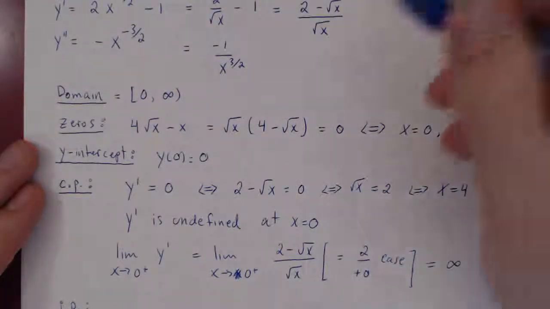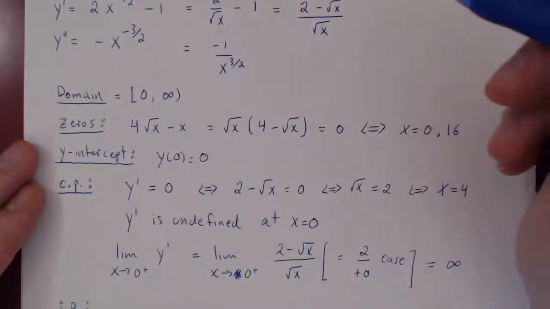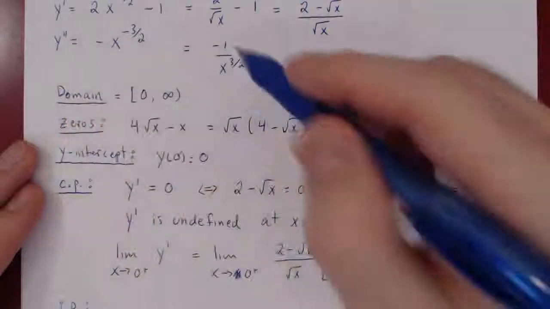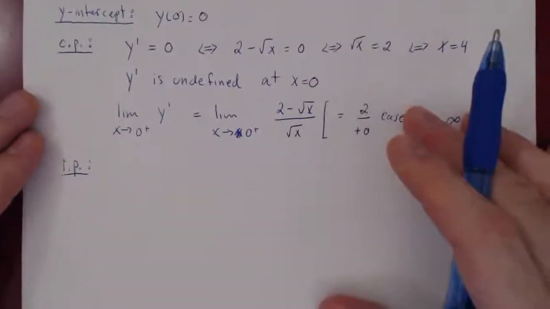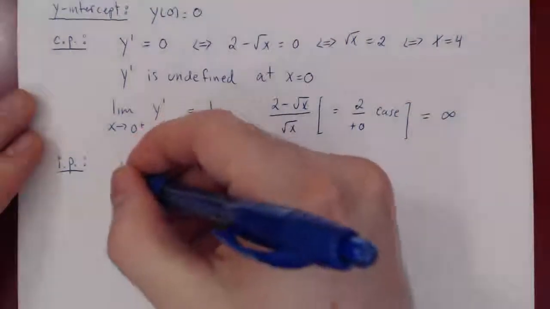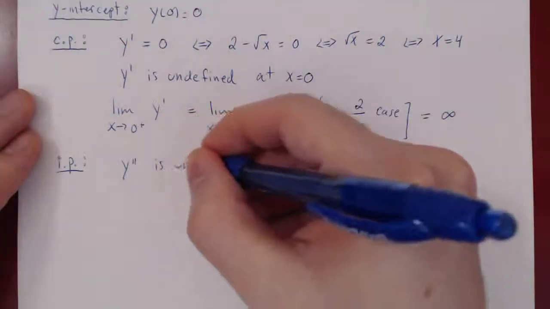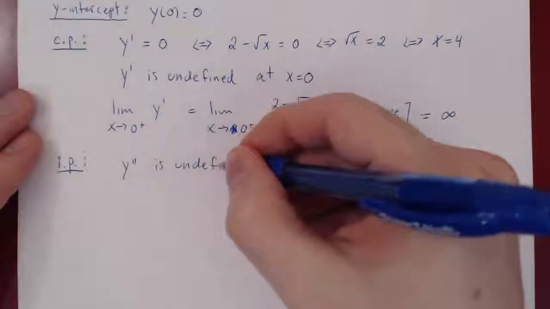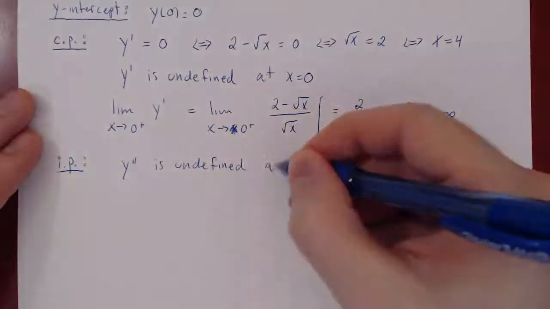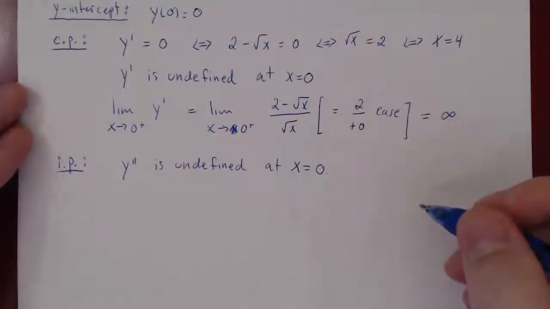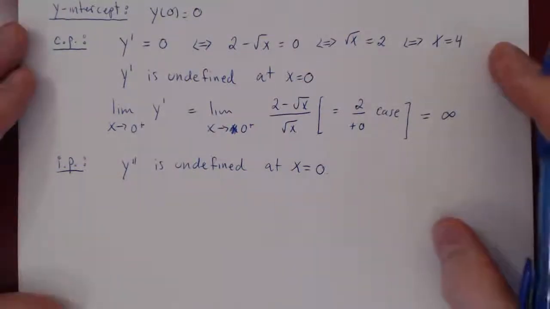So there are no points where the second derivative is 0, but at x equals 0, the second derivative is undefined. So x equals 0 is a possible inflection point.